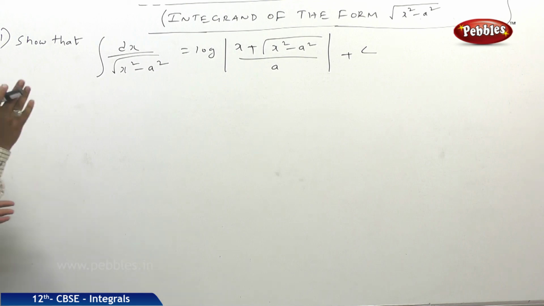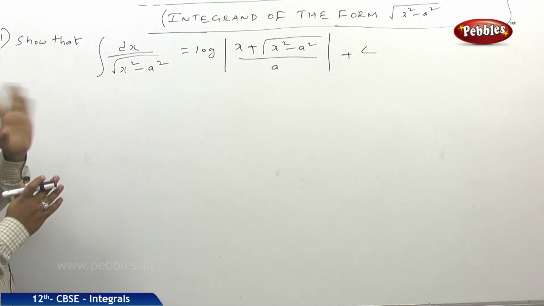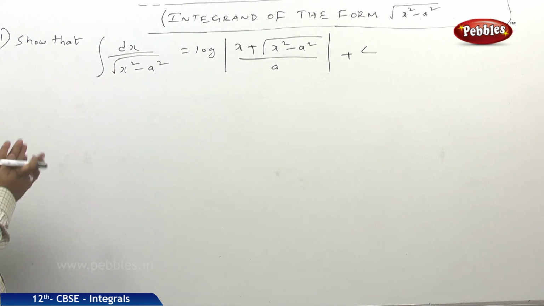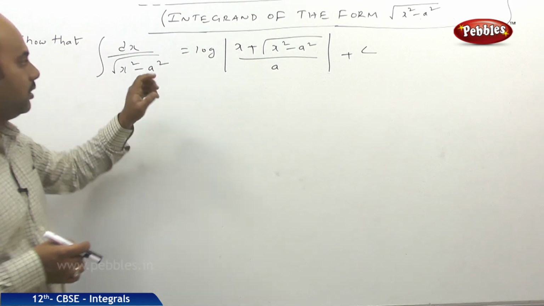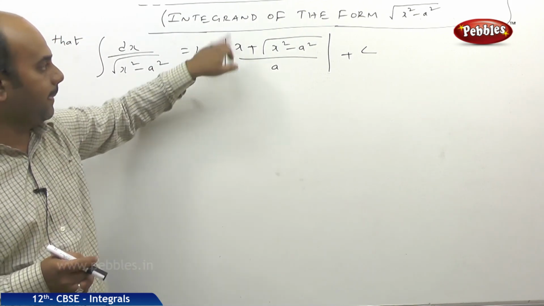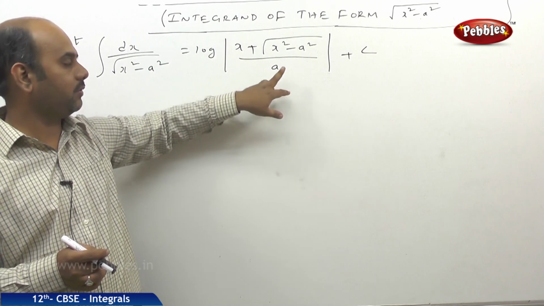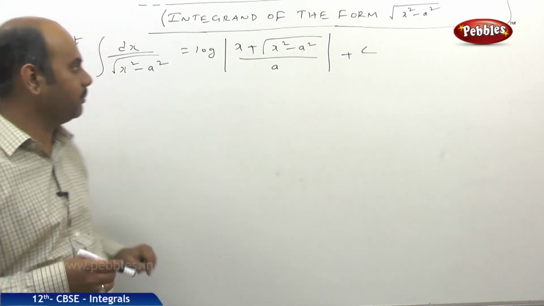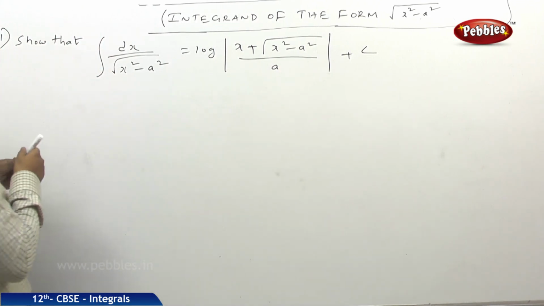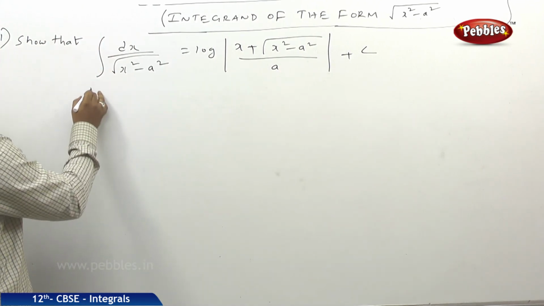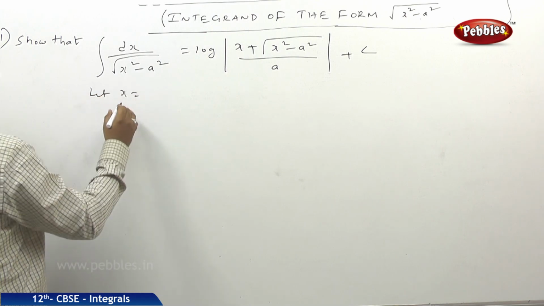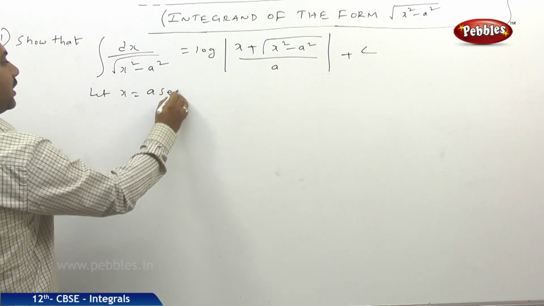Earlier we had seen under root of x square plus a square, but now here it is under root of x square minus a square. So we are taking the problem: integral of dx by under root of x square minus a square is equal to log mod x plus under root of x square minus a square by a plus c. Whenever this kind of problem comes, we need to put x is equal to a secant theta.